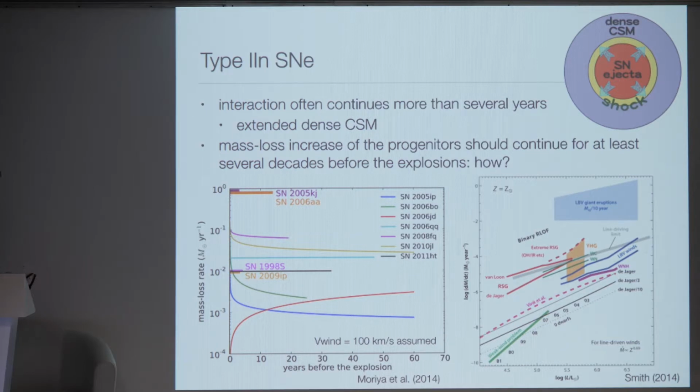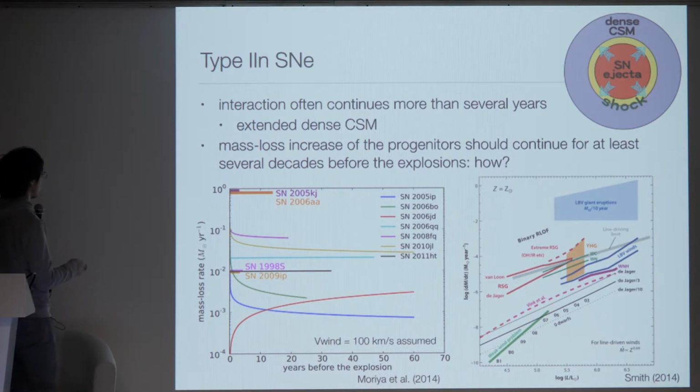And not only is the mass loss rate high, in some cases you see a change in the mass loss rate as you get closer to the explosion. Of course, this is a very subtle thing, and it is consistent with steady mass loss, but in some cases we see the mass loss rate may be increasing as you get closer to the explosion, and in some cases it doesn't.